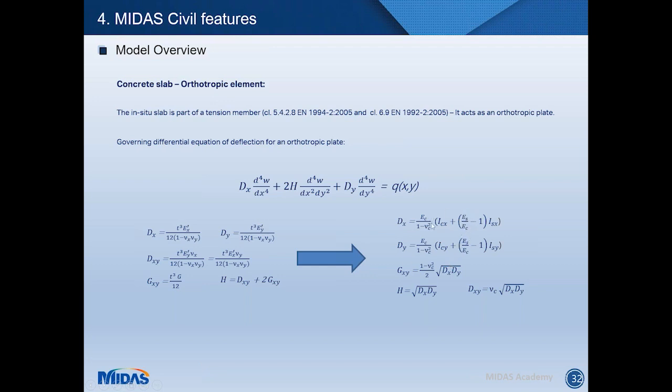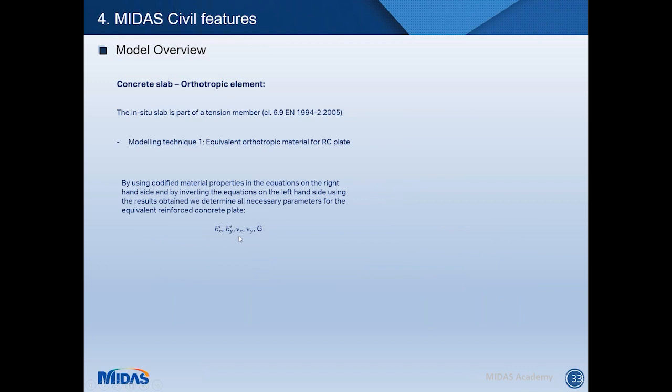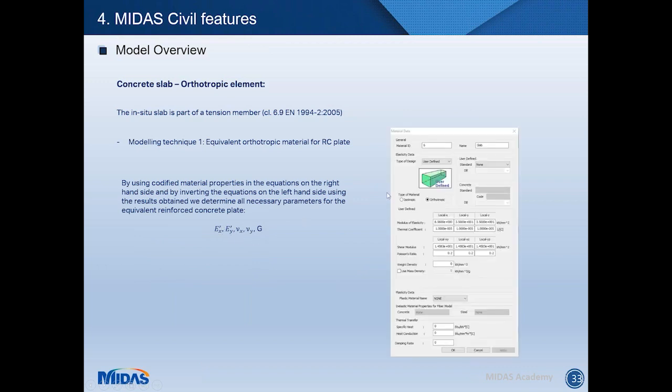So if we calculate this, we find these y, g and h, and we can put this here, invert this function, and what you will get is your result for the Young's modulus in the two different directions, which can be directly input in MIDAS into the material data for orthotropic materials. And this is what I did here.